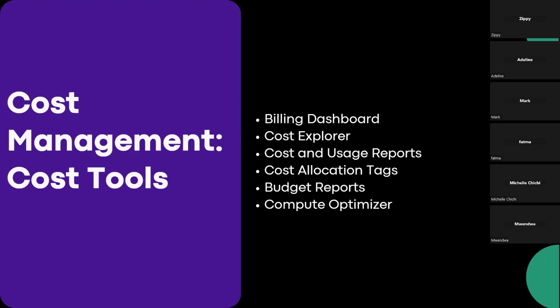This is where you set up your cost categories if you need the categories. Essentially, Cost Explorer is where it gets very granular once you want to get into the nitty-gritties of what you're seeing on the billing dashboard.